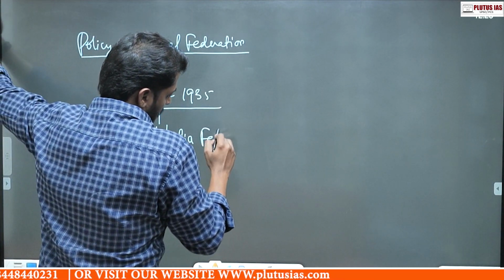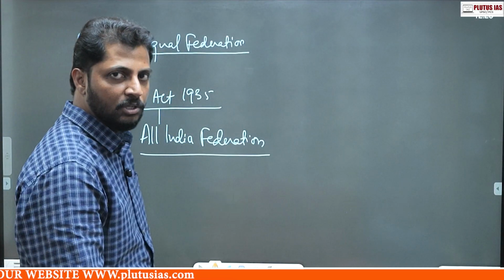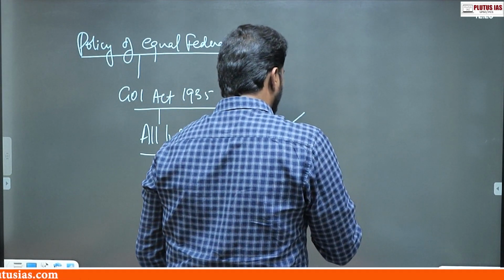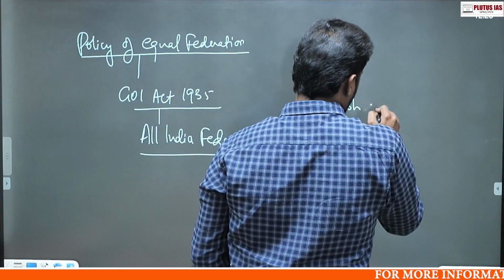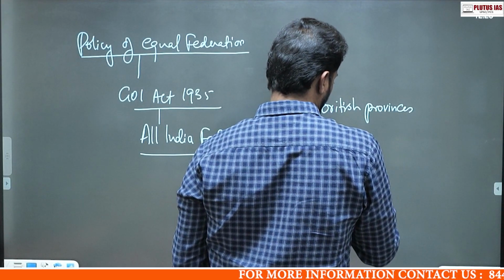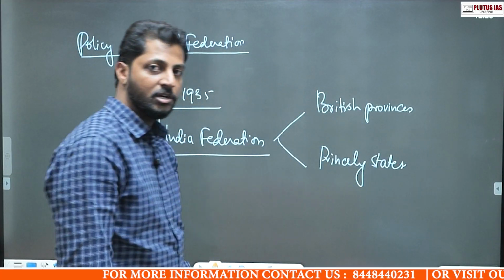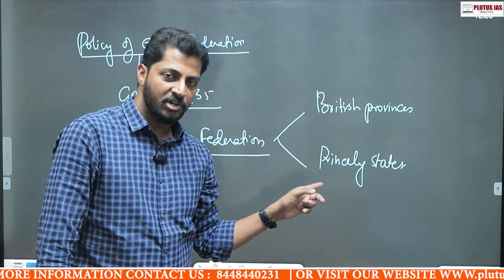This act established the All India Federation, that is, the All India Federation with British provinces and princely states. So the All India Federation consists of British provinces and princely states.